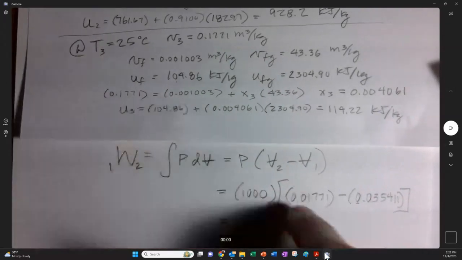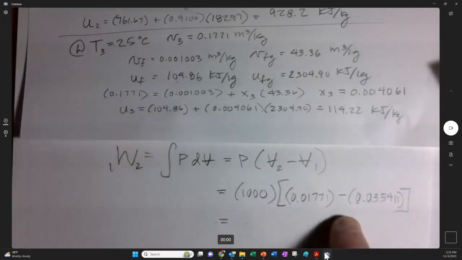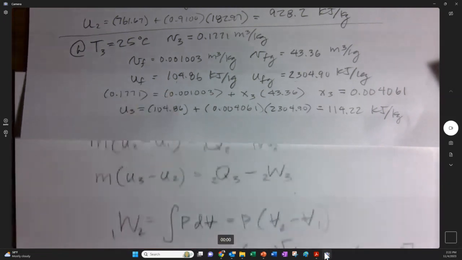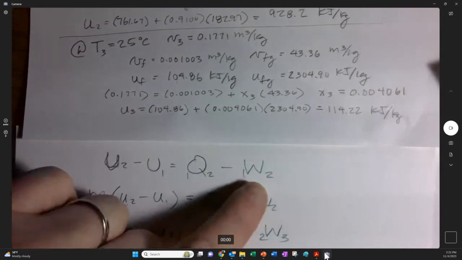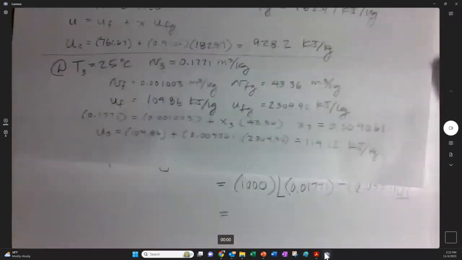We don't know the mass of the piston, but this is because of the piston falling down and putting energy into this. That's why it's going to be negative, because the negative sign inherently in this equation is all about work getting out of the system.